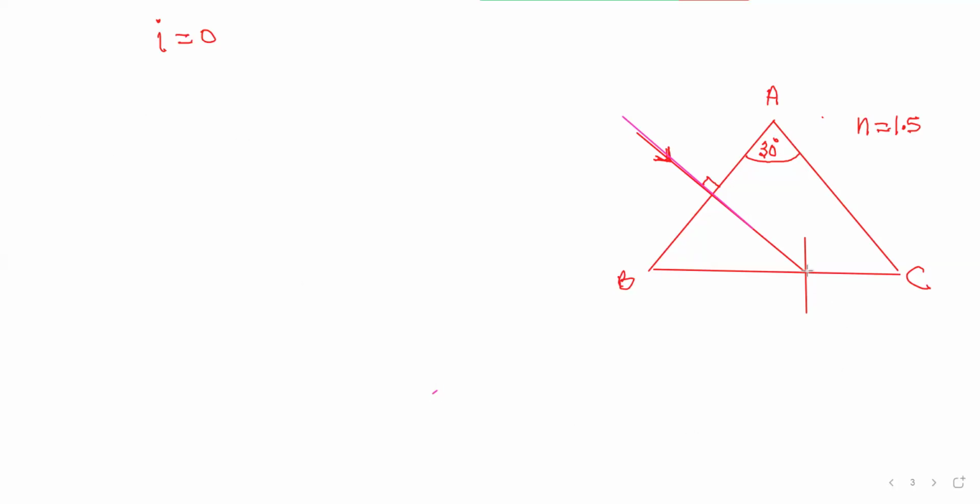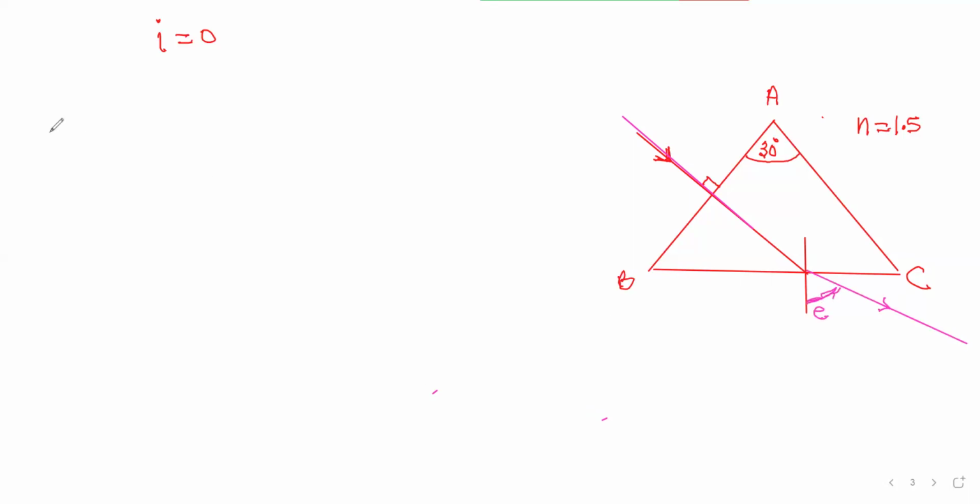So at the boundary BC, because it isn't making an angle of 90, it will deviate. And how will it deviate? Away from the normal. And this is what will give us the emergent ray. This is the angle of emergence.